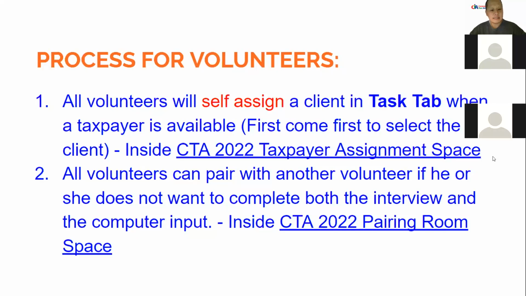But if you're just interested in doing the computer work, I'm going to ask you to go into the CTA 2020 pairing room space and say, hey, I would like to do the computer work, and see if anyone else responds to it. We'll get that live demonstration in a few minutes.